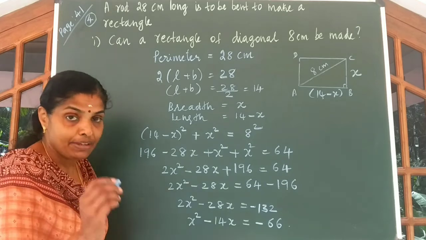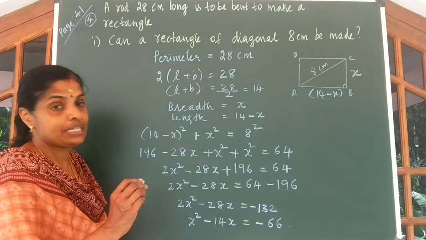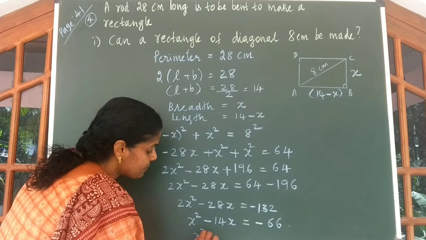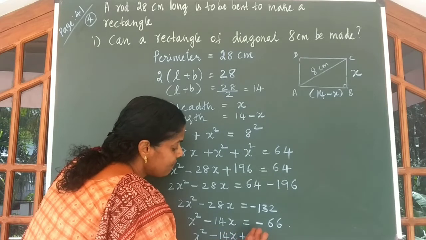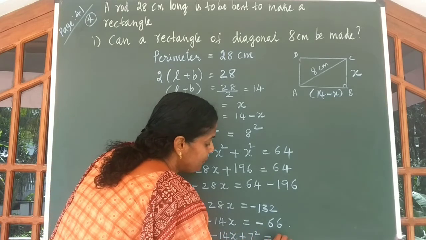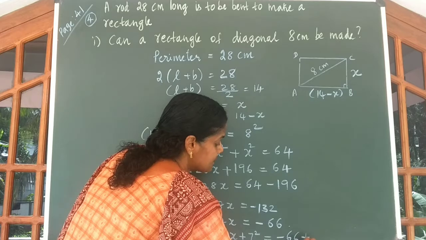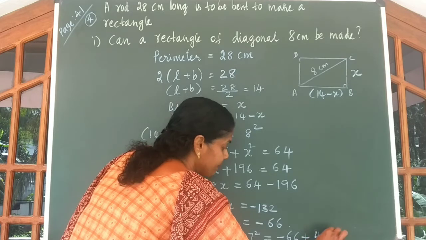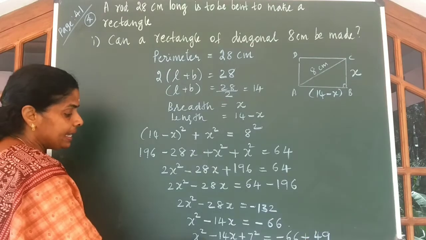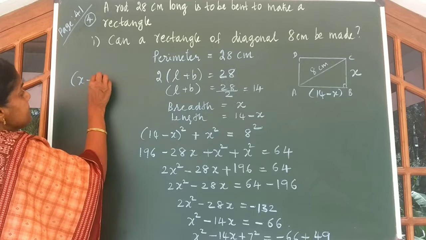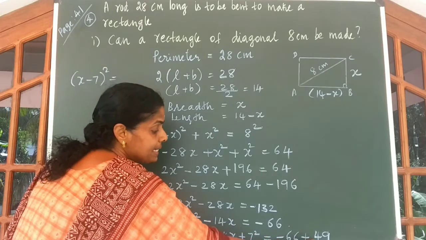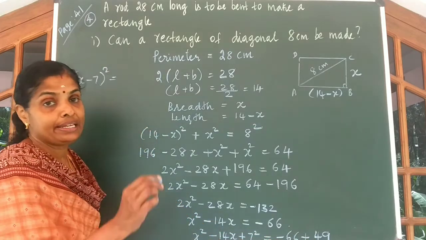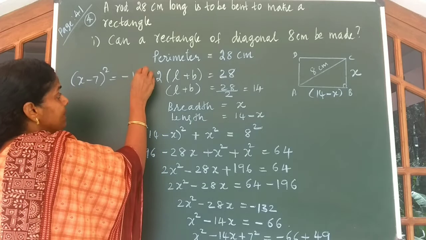When you add 7 square to both sides, you get x square minus 14x plus 7 square is equal to minus 66 plus 49. We get (x minus 7) the whole square is equal to minus 66 plus 49, which gives you minus 17.